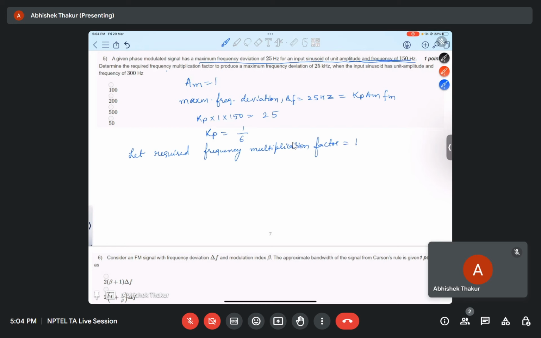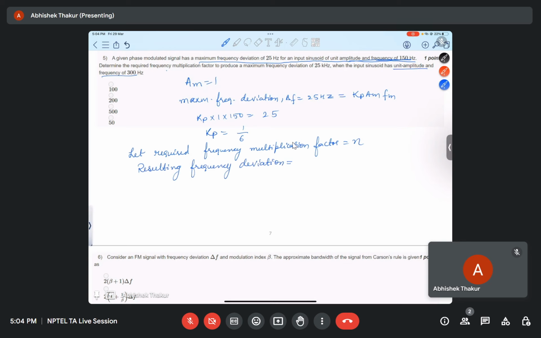That we can take as n here. And the input sinusoid has a frequency of 300 Hz. So the resulting frequency deviation is equal to 25 kilohertz.